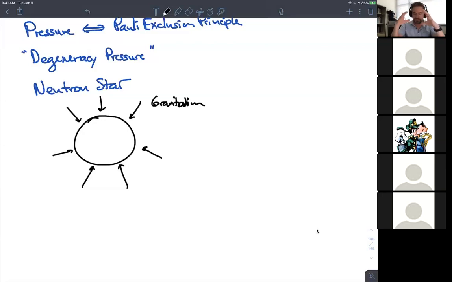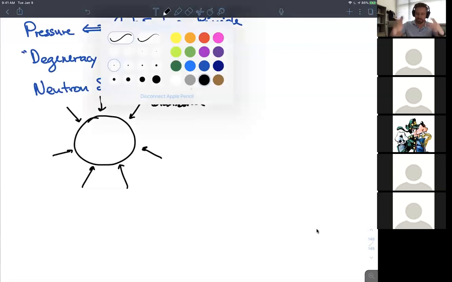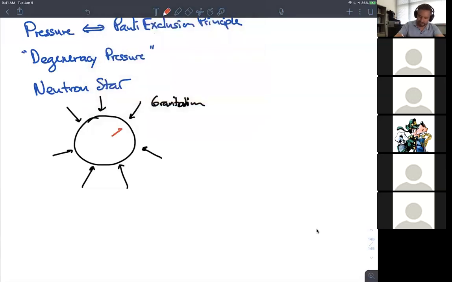And so usually what happens in a star is that this gravitational collapse is counteracted by fusion, the pressure arising from fusion. But at the end state of a star's lifetime, when it's run out of fuel, you no longer have fusion holding the star together. So what the thing wants to do is to collapse into a black hole.